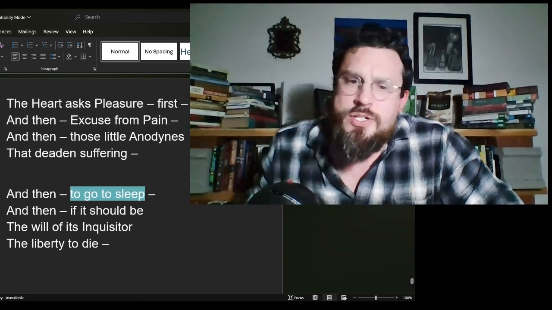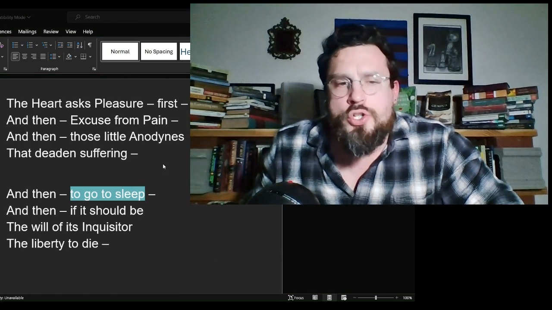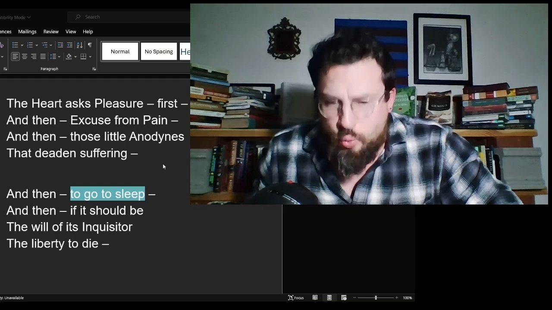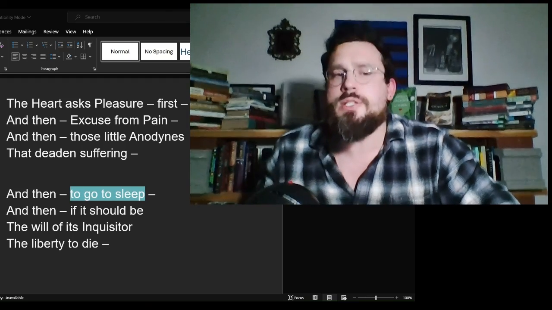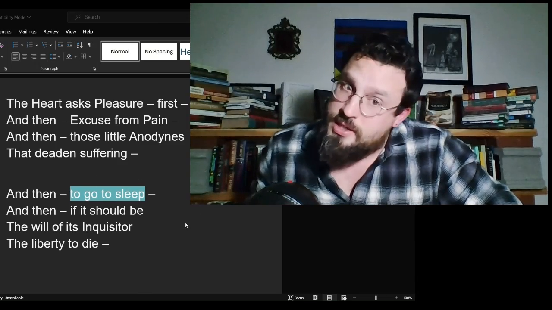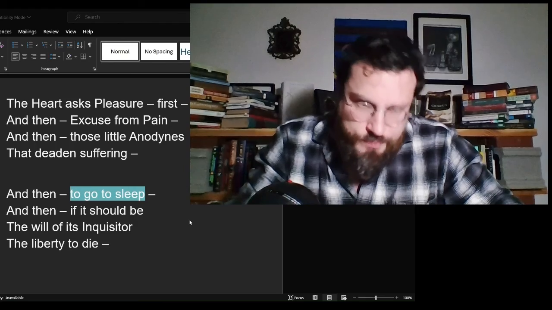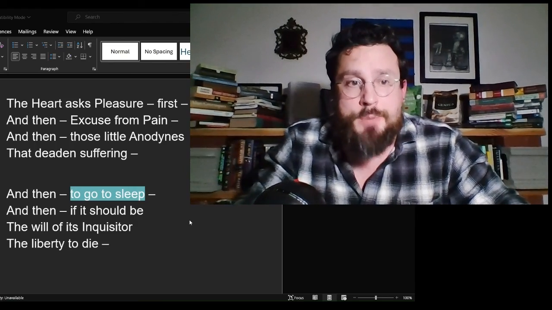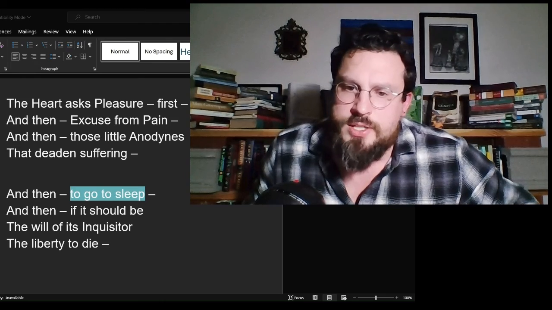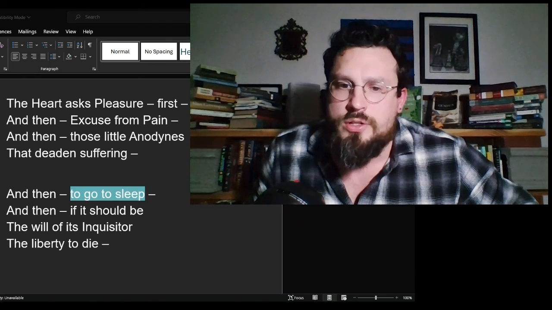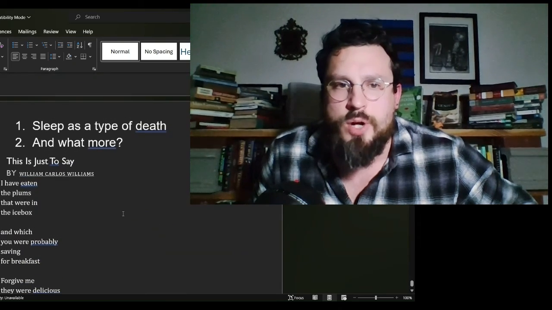When you get into those places where you're choosing to go to sleep, that is dangerous because, like the poem here says, what's the next step? The next step is the big death. So just a word to the wise. If you have been there, you understand what I'm saying.